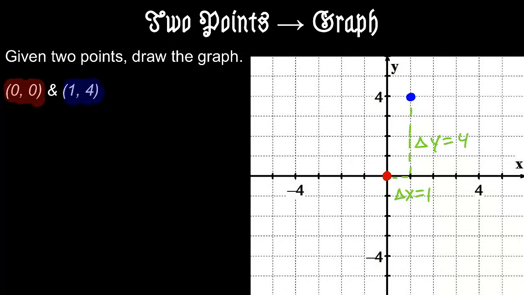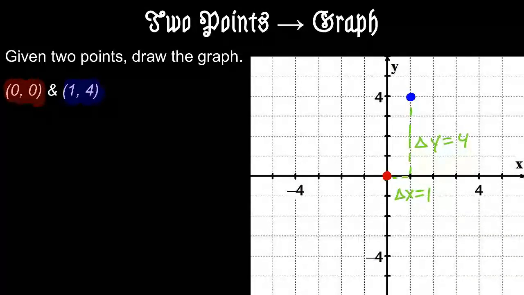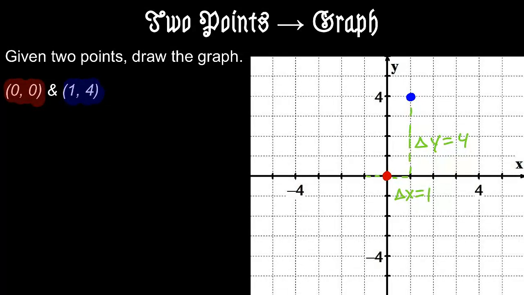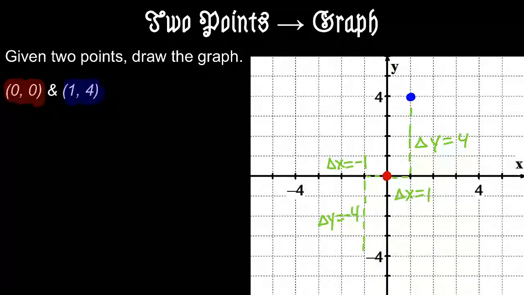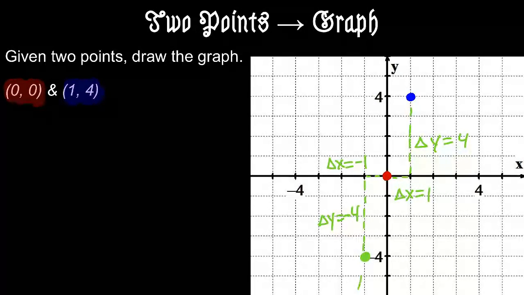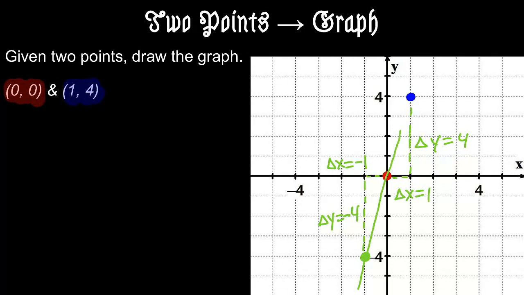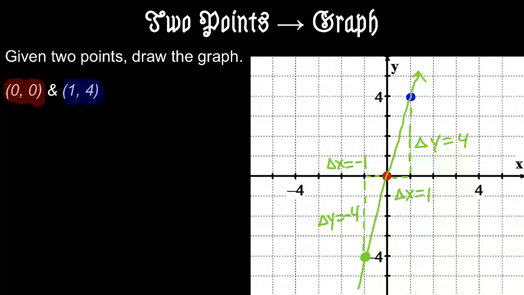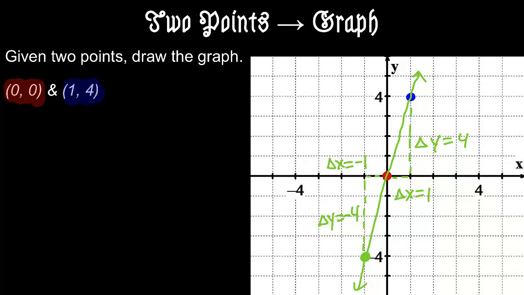And then I can reverse it and say, all right, well, I can have delta x equal negative 1 and delta y equal negative 4. And then I will get another point right there that was not given. But that allows me then to connect my points maybe with a little more of a straight line.